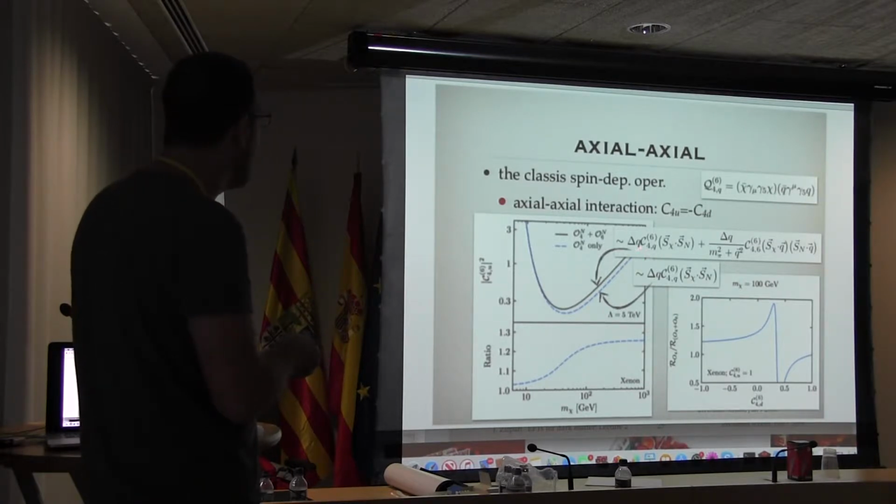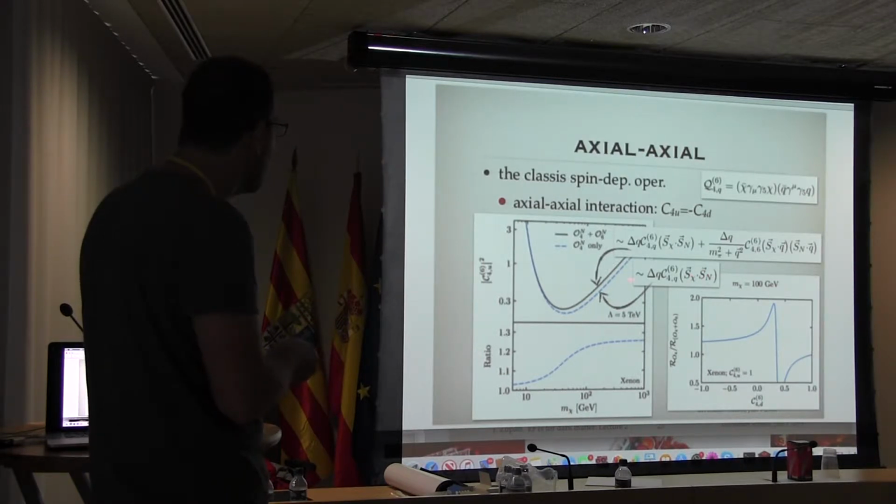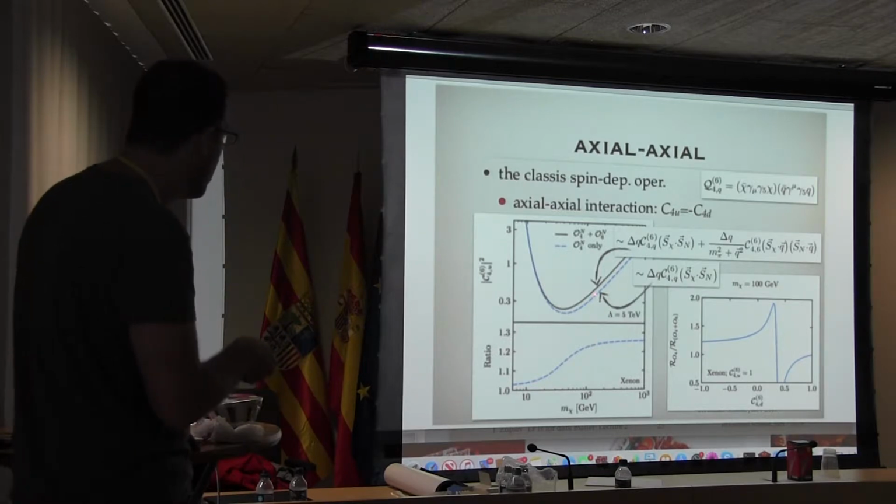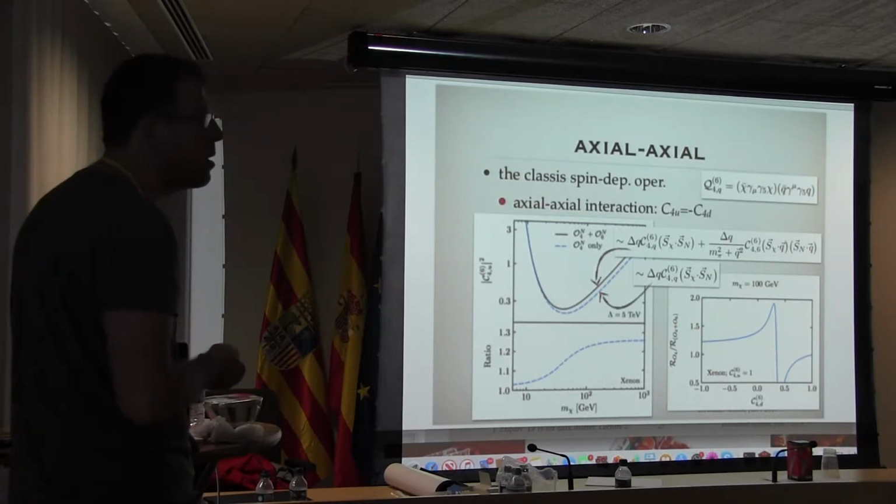These are arbitrary units, they will change depending on what the exposure is. If you do the following, you have a prediction where you only keep the spin times spin operator, so that's this dashed line, or you also include this Q squared suppressed by 1 over m pi squared plus Q squared enhanced contribution. And you see that on the log scale, the difference is not big.